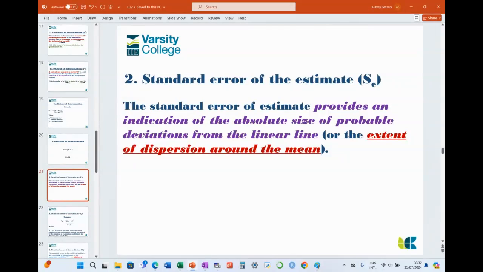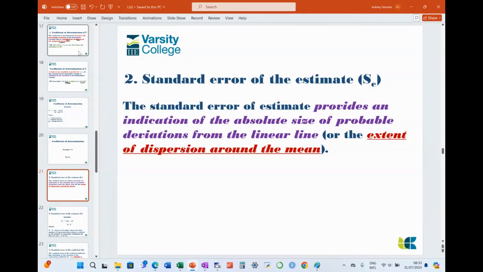Usually they want you to define them, but I have never seen them ask in finance to actually do the calculation. So, standard error of estimate: what are we looking at? It provides an indication of the absolute size of probable deviation from the line, or the extent of dispersion around the mean.